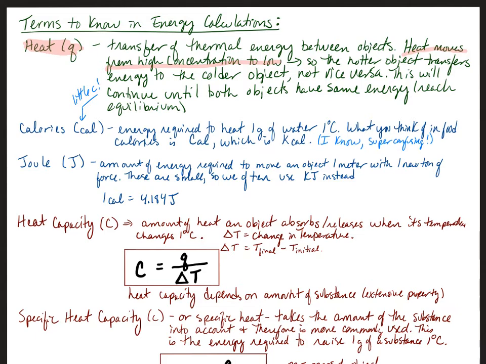Okay, next we have calories. Now notice that this calories here has a little c. The calorie is the amount of energy required to heat 1 gram of water 1 degree Celsius. Well, you've talked about calories before on any package that you get. You can see how many calories most of your foods require. Well, guess what?